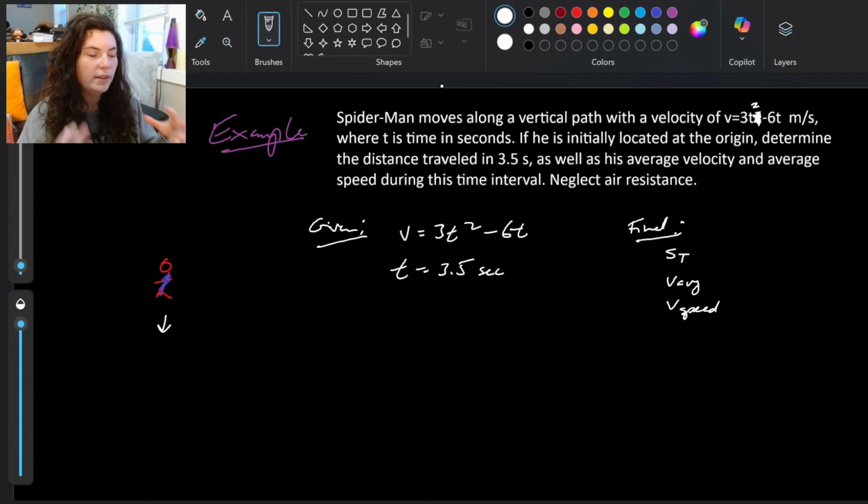So one thing that we may or may not notice when we go into this problem is that this velocity equation that they've given us is a quadratic function. So one of the things that we may want to do when we're given these relationships, and we're trying to find the total distance traveled, is go ahead and plot that velocity function. See what that graph looks like.